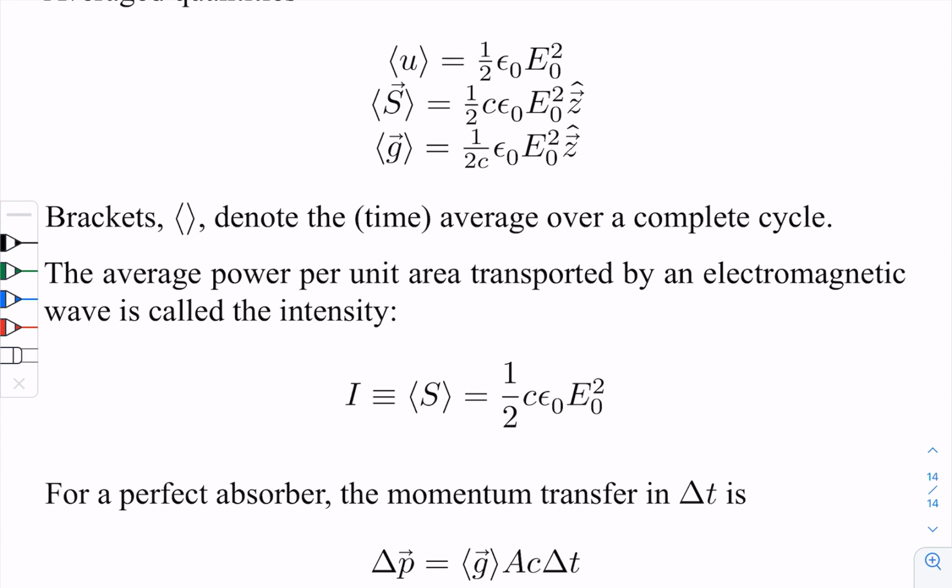So from here, we immediately see that the light intensity is given by the electric field amplitude square. So that is related to how much power your light can give per unit area.